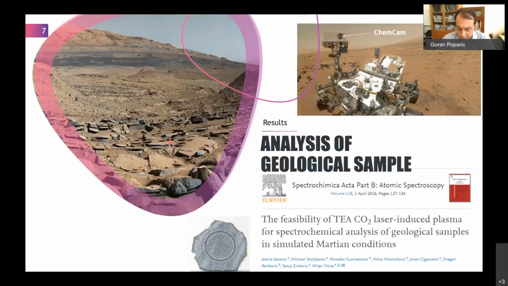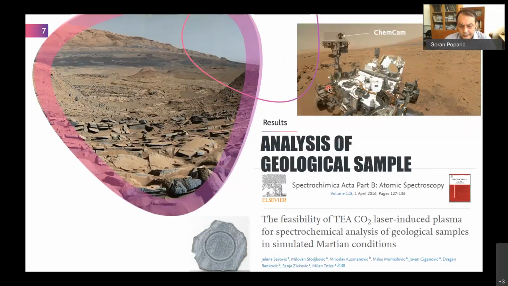So about results, when I joined the group with Dr. Milan Trtica, this was the first experiment I was involved with. The idea came from the rover Curiosity, which landed in August 2012.